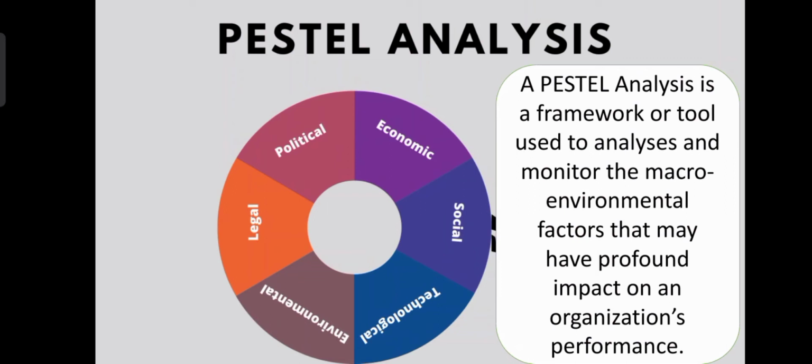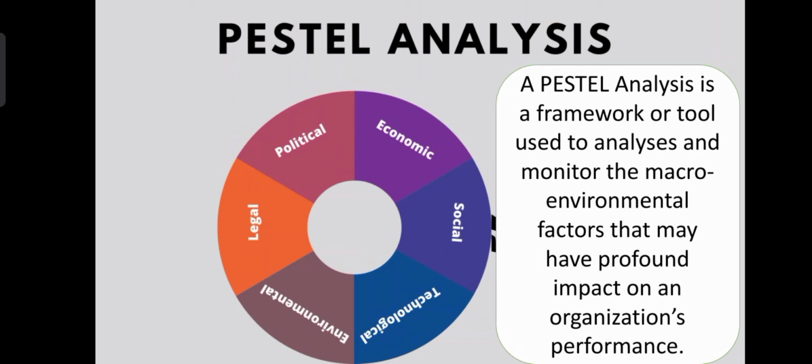analyze and monitor the macro environmental factors. In our previous lesson, we identified those macro environmental factors affecting the business environment. Okay? So, that may have a profound impact on organizations' performance.